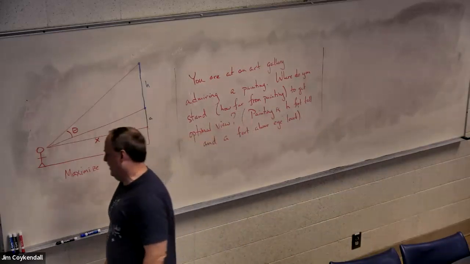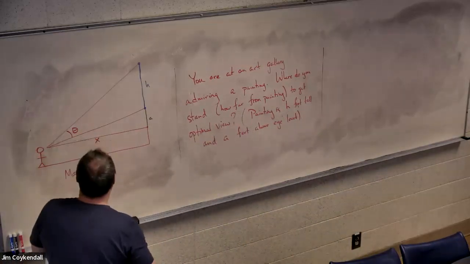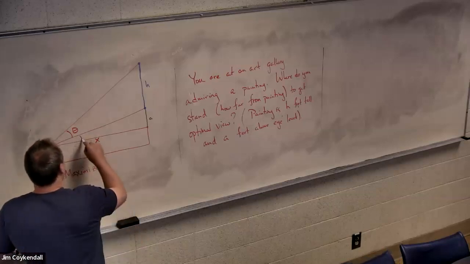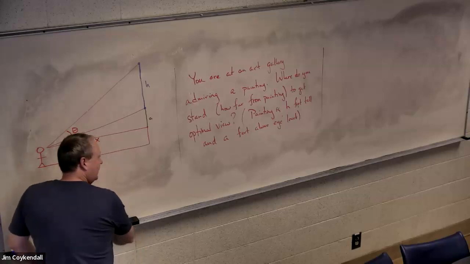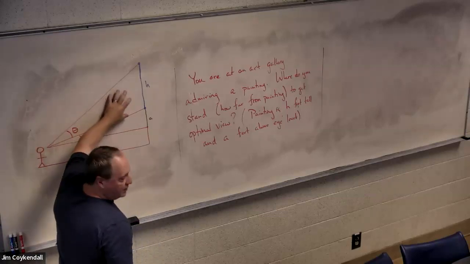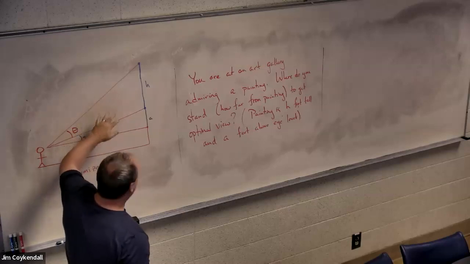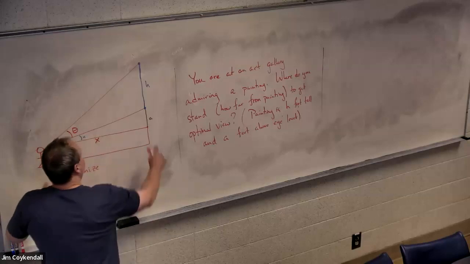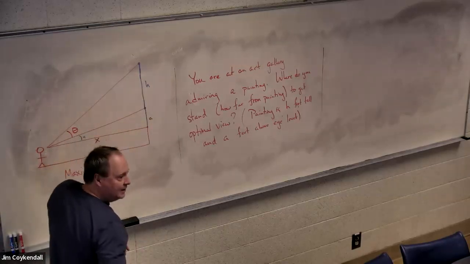But you're absolutely right. That's a great idea. Let me call this angle alpha. Now, the triangle here is not a right triangle. I wish it was, but it's not. But this whole big triangle is, and so is the one on the bottom.